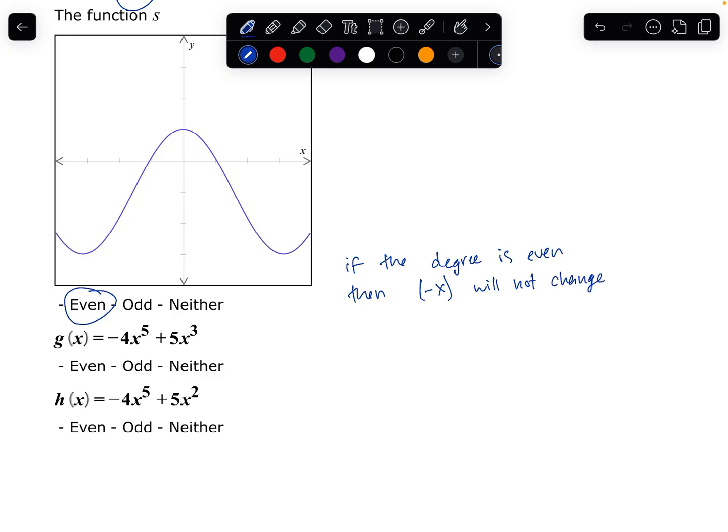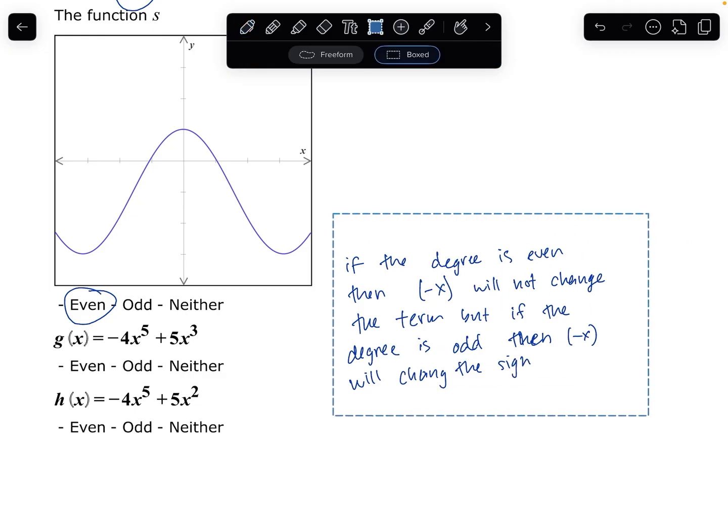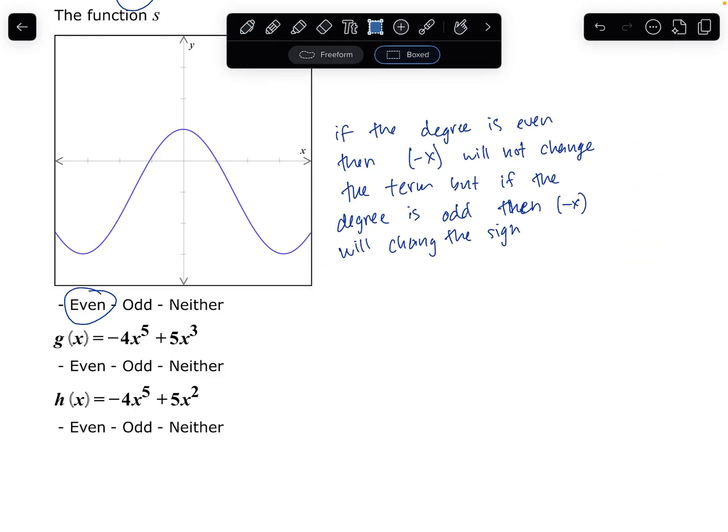It will not change the term. But if the degree is odd, then negative x will change the sign of the term. And if there's no x, then there's no change.